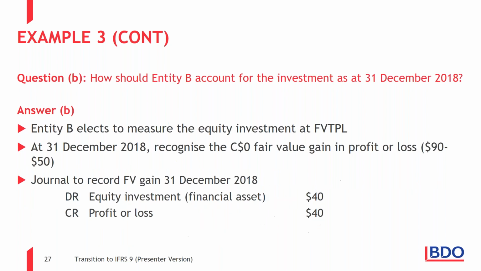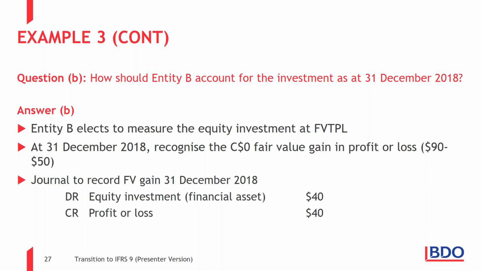The difference is in part B. Because here we've decided to account for the equity investment at fair value through profit and loss, it means at 31 December, we know there's a change of $40. It's gone from 50 to 90, and for that change of $40, we're going to debit the equity investment 40, and now we credit profit and loss.